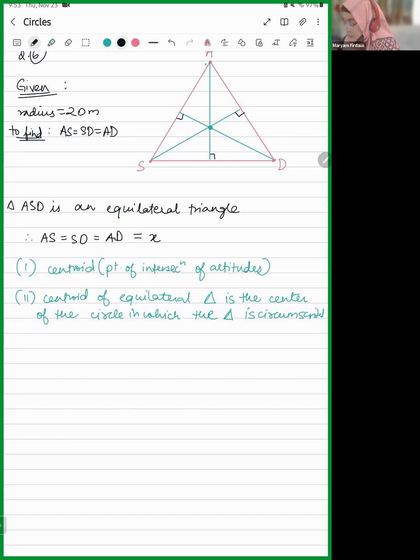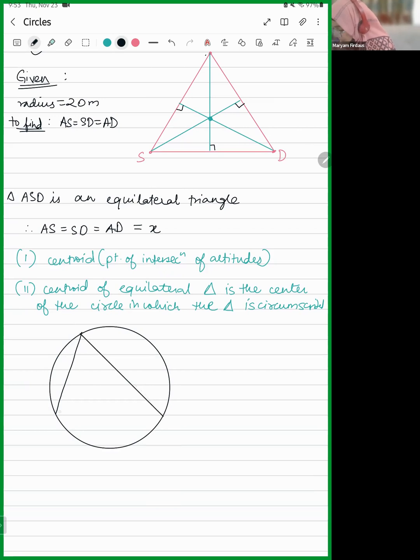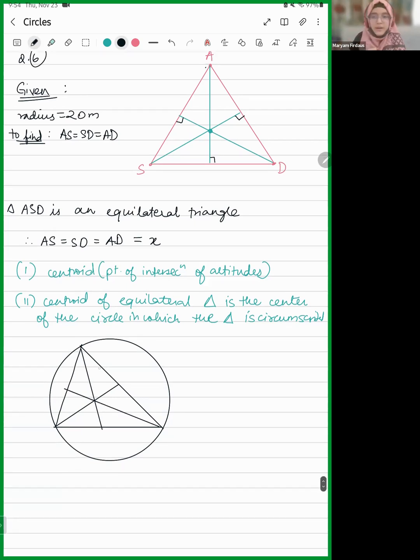For example, let's say you have a circle and a triangle like this. This is not an equilateral triangle, this is just some random triangle. And look at its centroid. Centroid basically means the center of that triangle. I'm not going to get into much detail of that. So this is the centroid of this triangle.